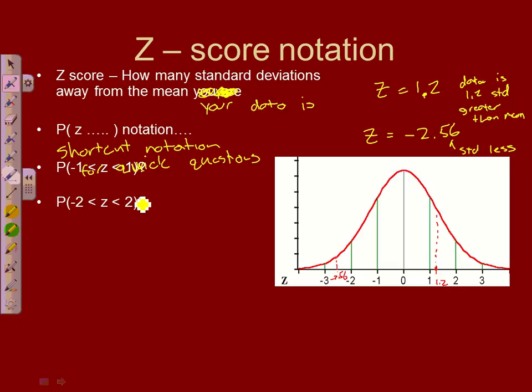Okay? So this question corresponds to this area. What is the percentage between negative 2 and 2? That makes sense? And you already know the answer to this question. Just using the empirical rule in your brain, what is it? 95. Yeah, 95%.